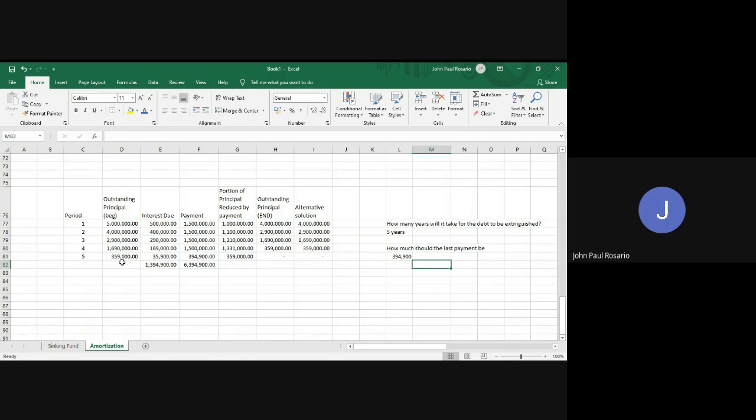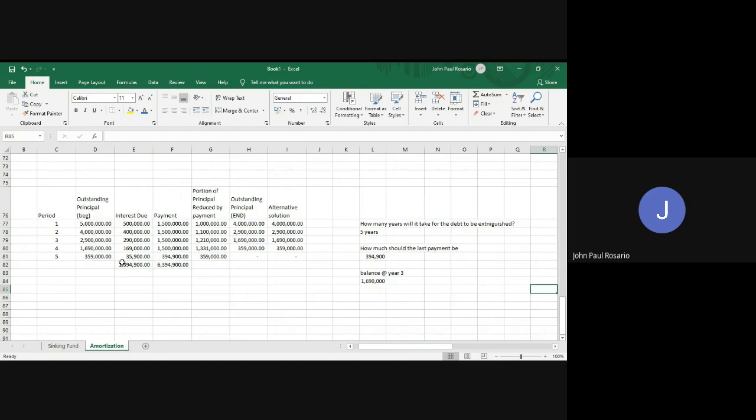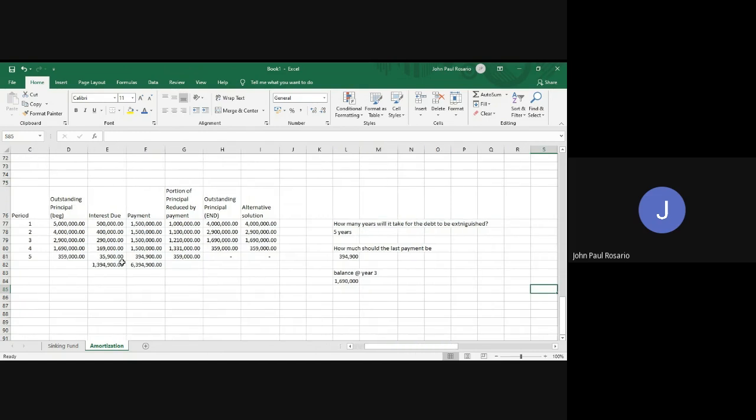Now, could we solve these two questions? Could we solve for these questions without the balance at year 3? So year 3. Could we solve these questions without solving for the table?